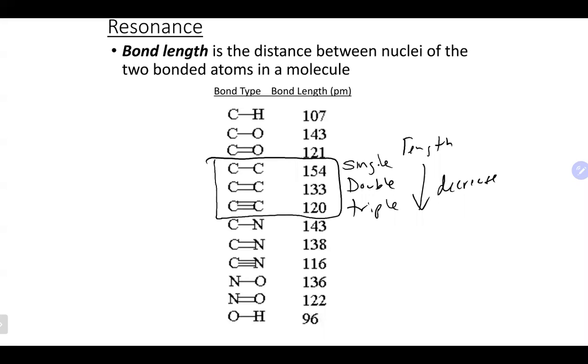So the single bond is the longest, if you will. As you drop a double bond in, people move closer. Triple bond, everybody moves closer. Carbon and nitrogen show the same trend: 143 for single, which is longer than our double bond, which is longer than our triple bond.